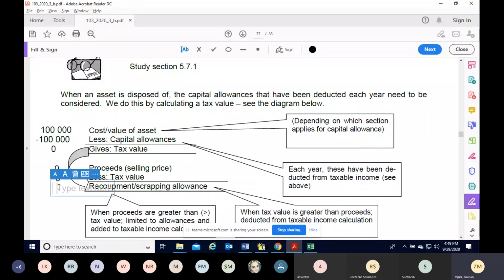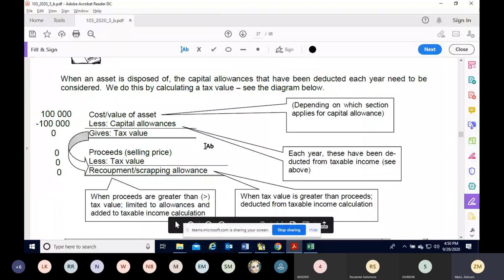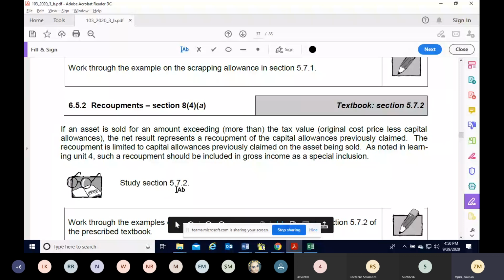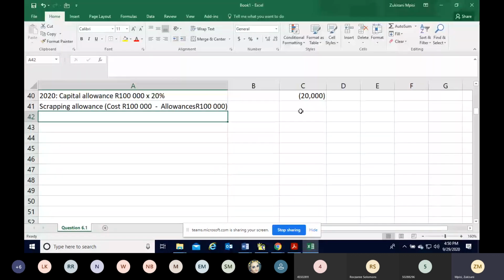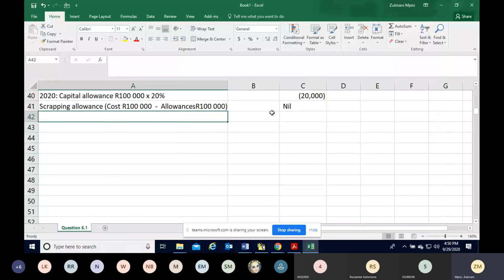The recoupment is going to be nil because this has no value. Therefore, if you are looking for any scrapping allowance, you've got nothing. You will see as we do more questions where we might have a scrapping allowance. So scrapping allowance in this case becomes nil or zero. I'm just putting a nil for you to be able to follow. And we are done here.